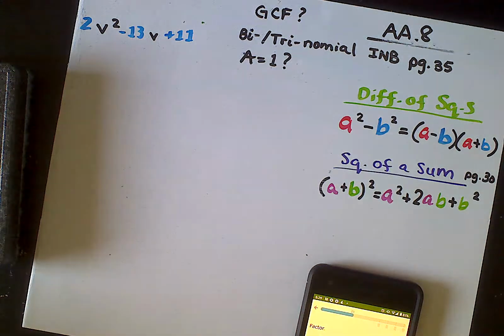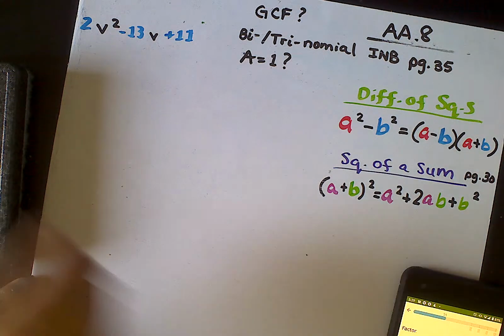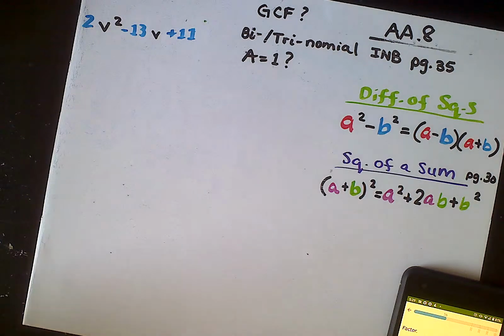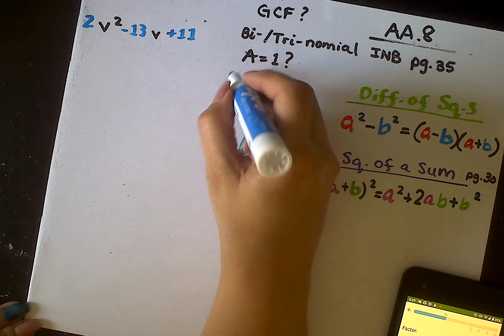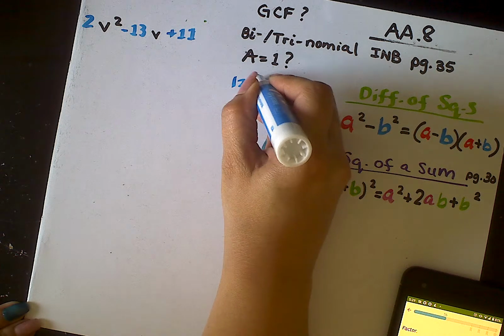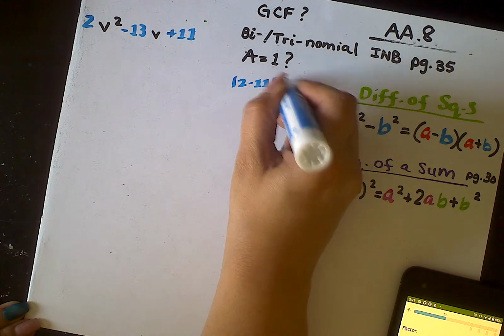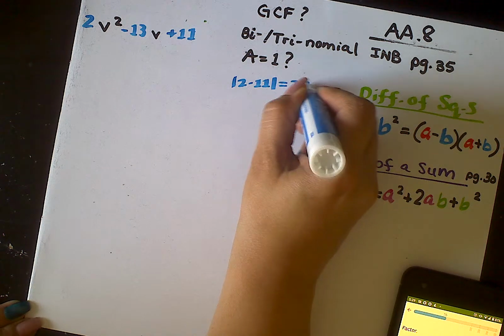Okay, so we're going to take 2 times 11, which is 22, and we're going to find the factors of it. So 2 times 11, absolute value is positive 22.